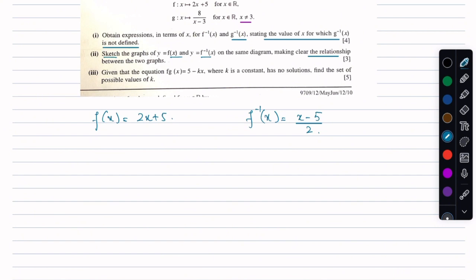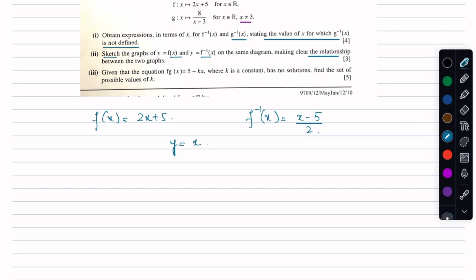To make clear the relationship between the two graphs, we know that there has to be a third line, which is going to be the line of reflection. It's y equals x. So there are three lines to be presented on the graphs. One is the function, the other is the inverse, and the third is the line y equals x, from where the inverse function is going to get reflected.